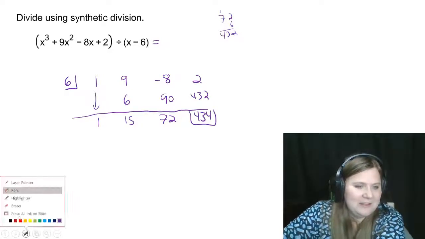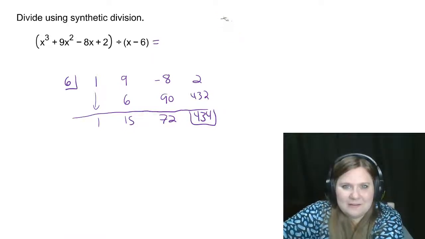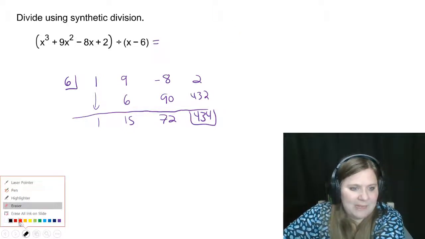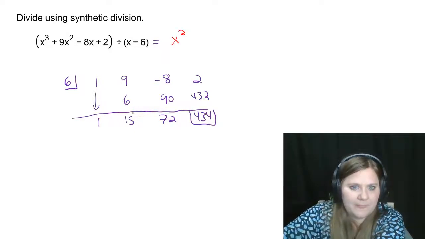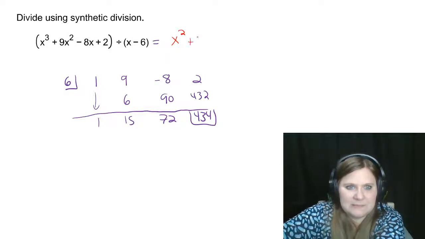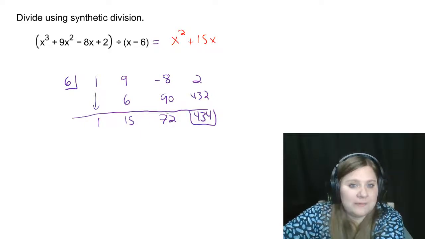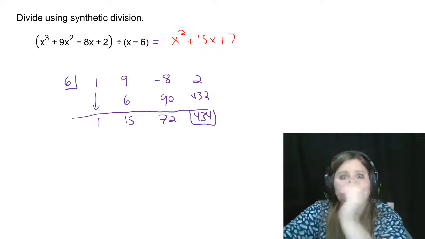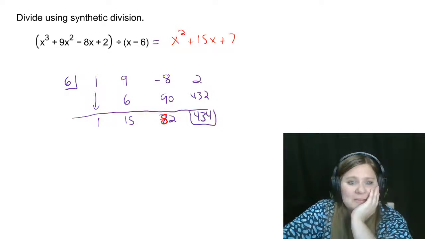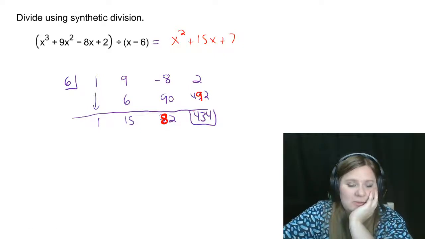Okay? So now I can write my answer. I have 1x squared plus 15x plus 72. I'm sorry, that is so wrong. Y'all are probably going, what in the world? That's supposed to be 82, which means this is 492, which means this is 494.